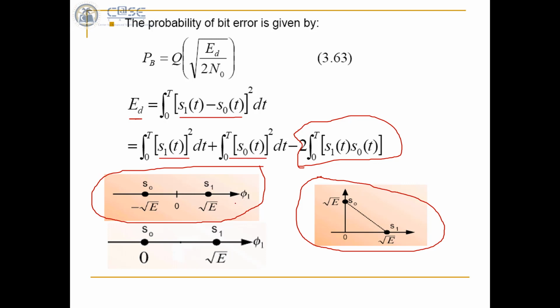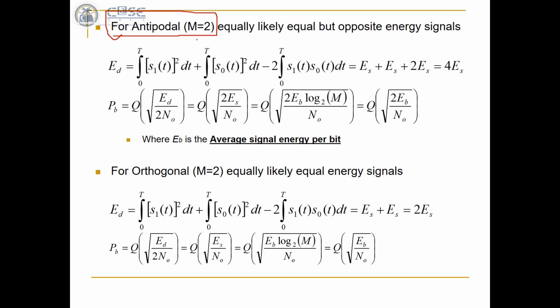If you have antipodal signals, the basis function count will come out to be 1. So capital M is equivalent to 2, capital N is equivalent to 1, and for antipodal, let's see what energy difference comes out to be. So the energy difference will be nothing but 4 times the signal's energy, the symbol's energy.